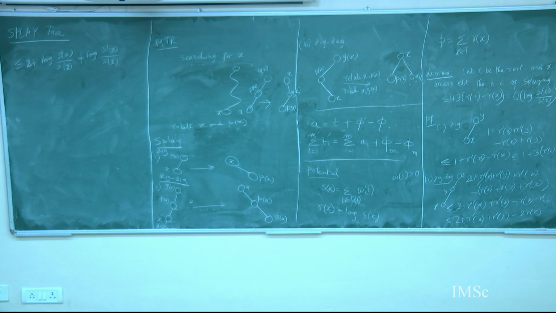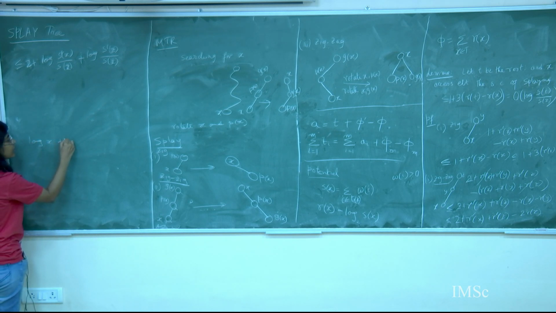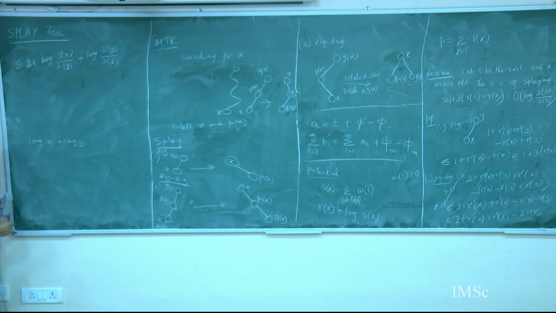We want something like log a plus log b is at most 2 log of (a plus b) over 2 minus 1. What is the maximum value of a function log x plus log y? Whichever is greater, twice. This is a concave function.